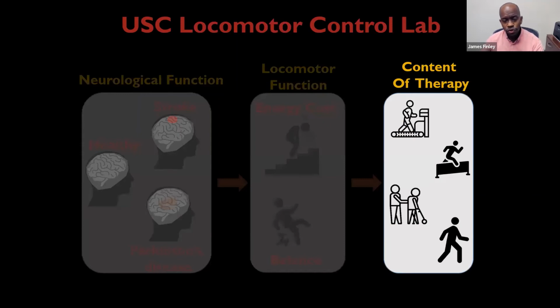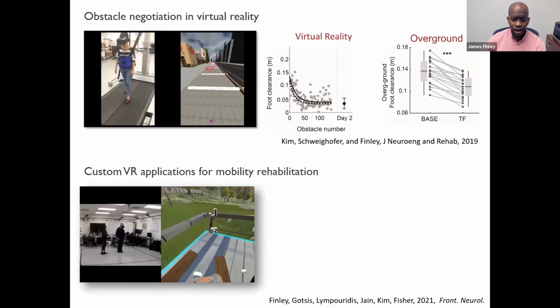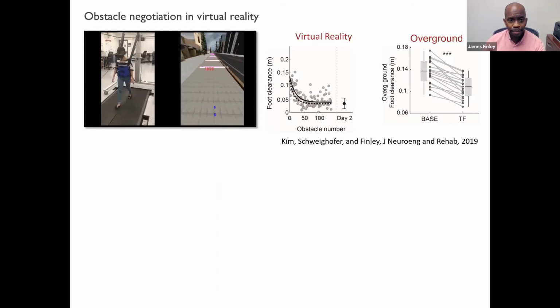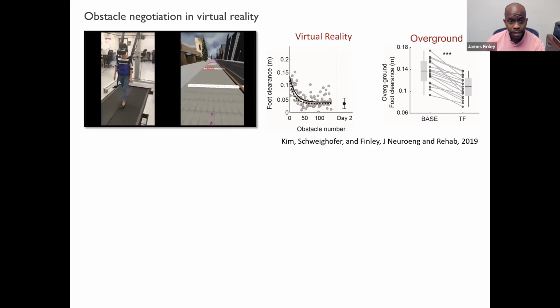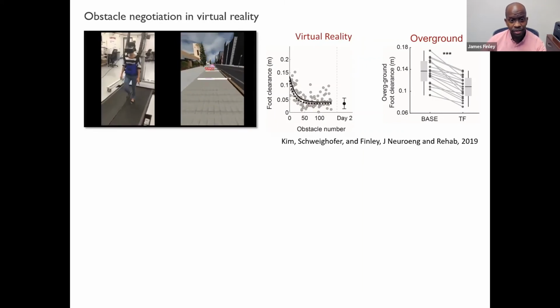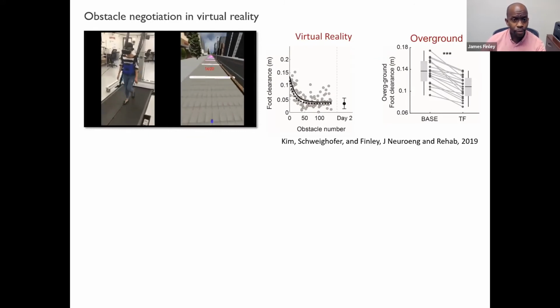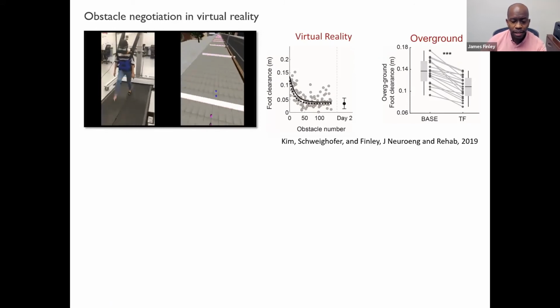So finally, as we move toward the most translational end of the work that we're doing, when thinking about tools that we can develop that actually could be deployed in a therapeutic setting, we've largely spent our efforts in the world of virtual reality for this purpose, where we can use computer-based applications that we design, develop, and implement to simulate challenges that people might face in the real world, like obstacles, as you can see here. And we can study things like how people learn motor skills in virtual reality and how those skills might impact their movement when they, for instance, walk over ground off the treadmill.